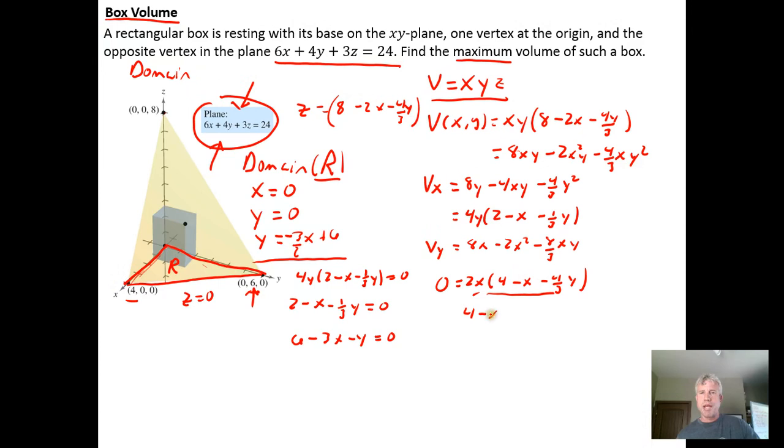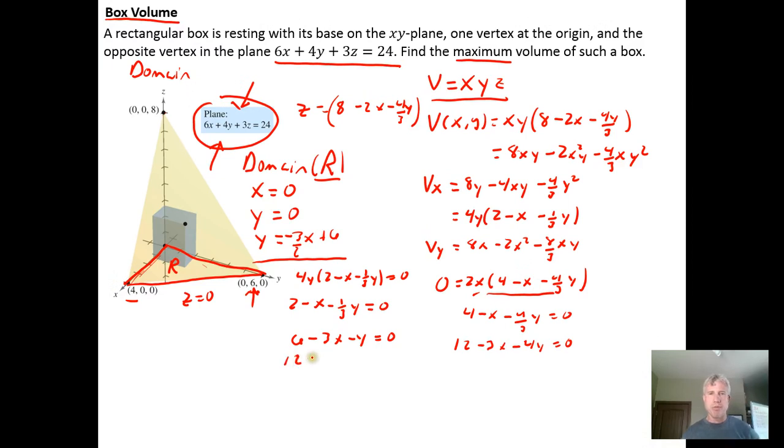So 4 minus x minus 4/3 of y needs to equal 0. And then if we multiply through by that 3, we would get 12 minus 3x minus 4y equal to 0. And so we need these two equations to be simultaneously 0.